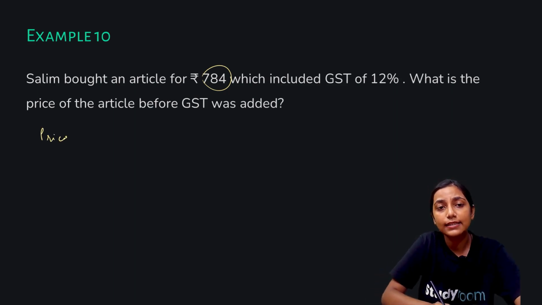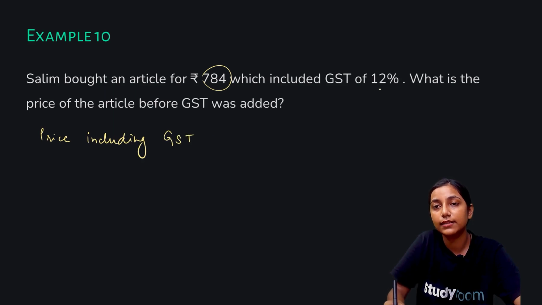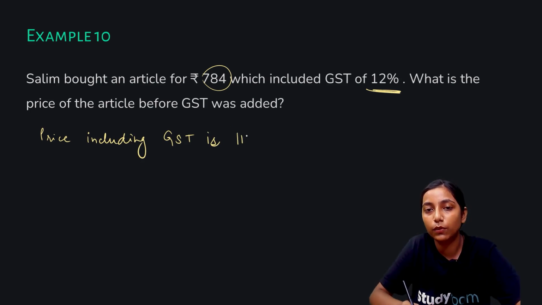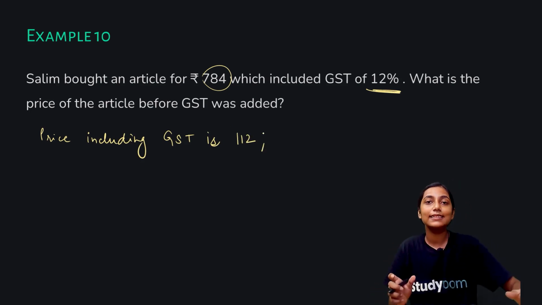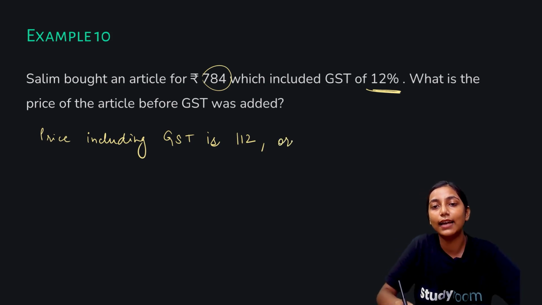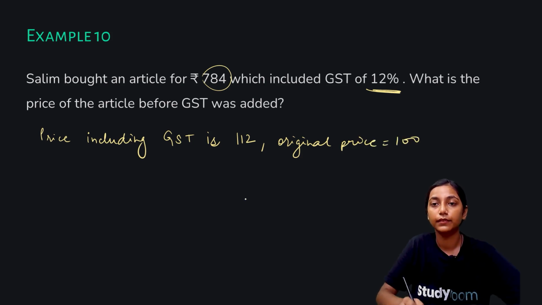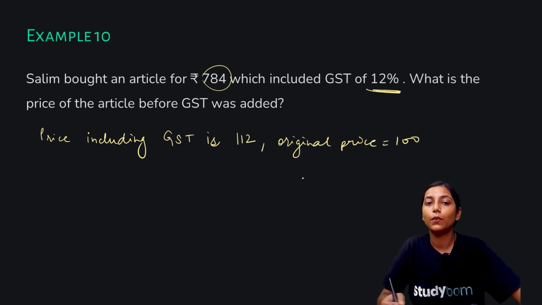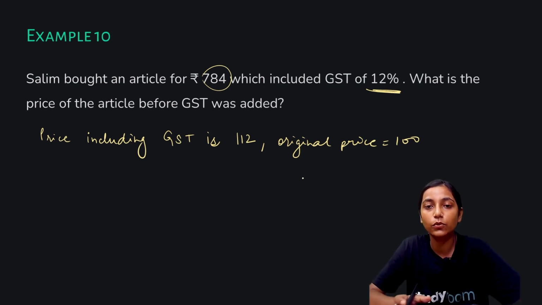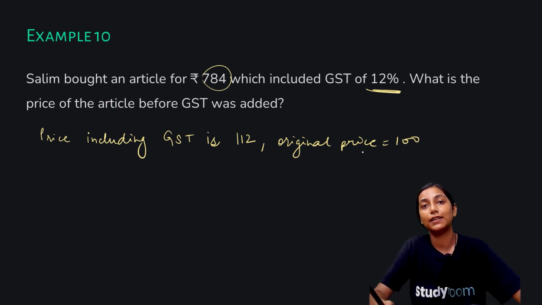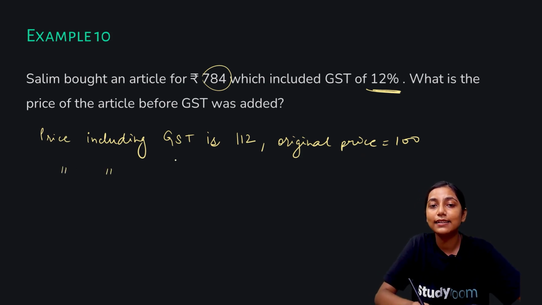Now when the price including GST is 112, at that time the original price is 100, right? GST of 12%. Now it's given that the price that already includes GST is rupees 784.